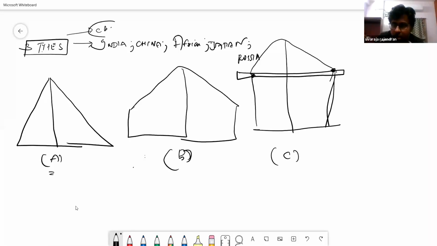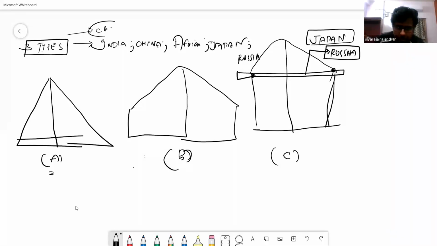This is high. And this is something called Japan, Russia. That is, in Japan and Russia, older people are more. We will see the reason now, but the simple reason is that Japan and Russia don't have many kids. But in Africa, if you see, they have many kids. And hence A is Africa.